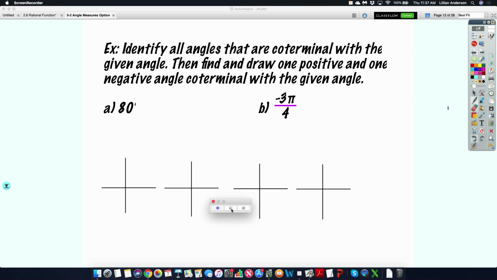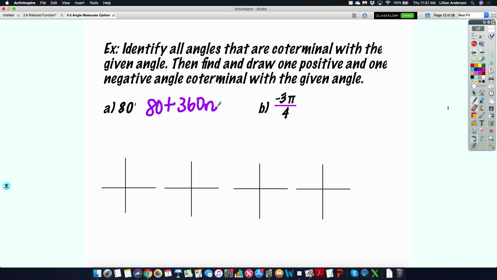What quadrant is 80 degrees located in? Quadrant 1. Okay? And since it is in degrees, to represent all of the coterminal angles, it's going to be 80 plus what? 360 n. Very good. So this represents all your coterminal angles.